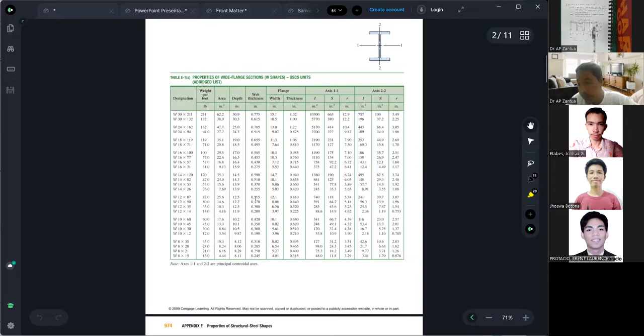So in our example, 12 by 65, we have 12 as the depth, meaning the flange to flange length, the height of the beam or the column.